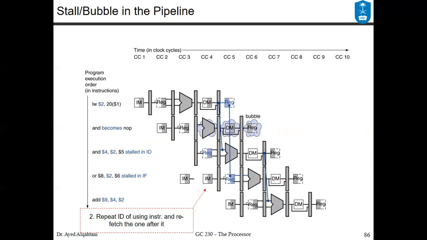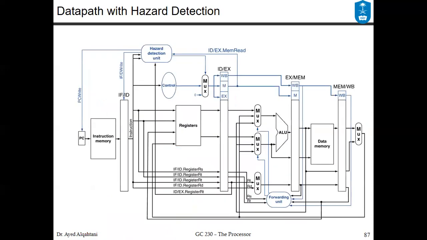To apply these changes in the hardware, we do it this way. Now we have a new unit, which is called the hazard detection unit. We had the forwarding unit before, and now we have the hazard detection unit in case we have a load. So what happens? Notice that we have the RT. Here the RT is a source, but here it is the destination.